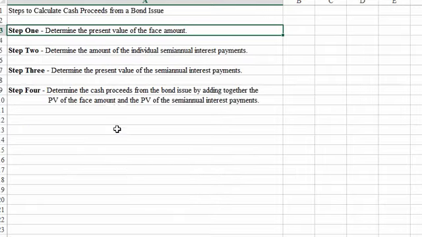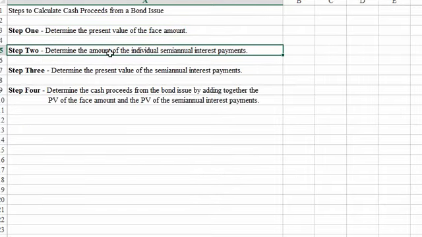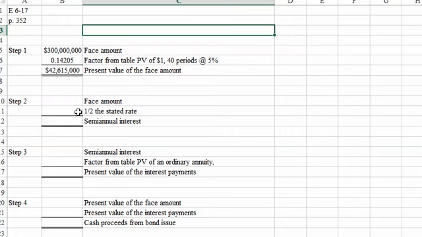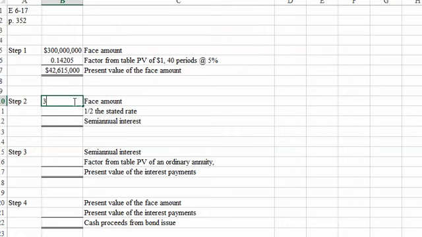Let's go back. Step 2, we want to determine the amount of the individual semi-annual interest payments. How much interest is San Filippo going to have to pay every 6 months? Well, we'll take the face amount, 300 million, and then we're going to multiply by half the stated rate. The stated rate was 8%. That's 8% for a year.